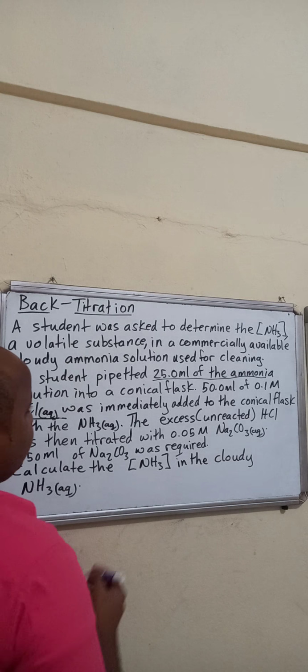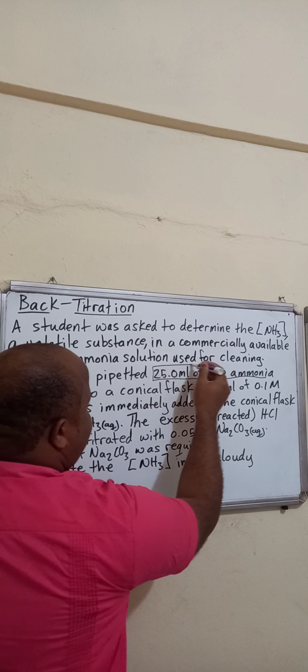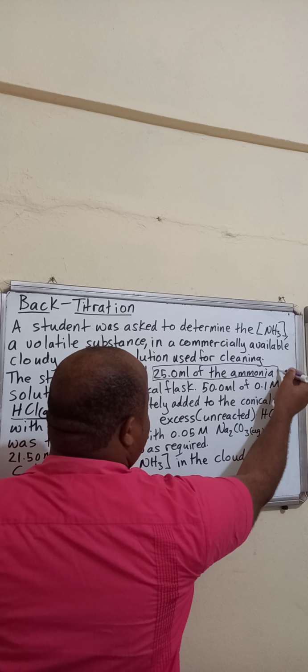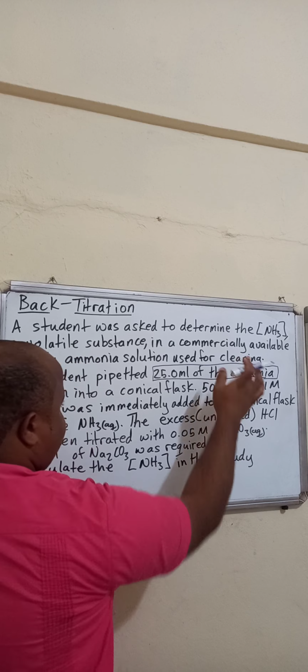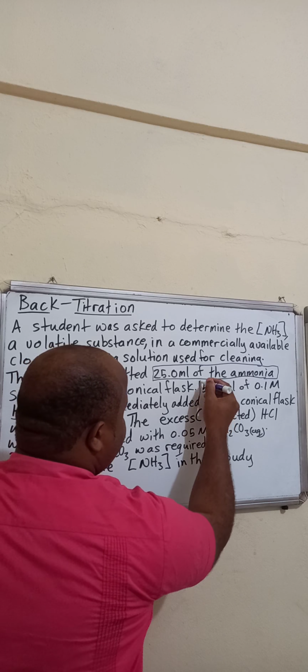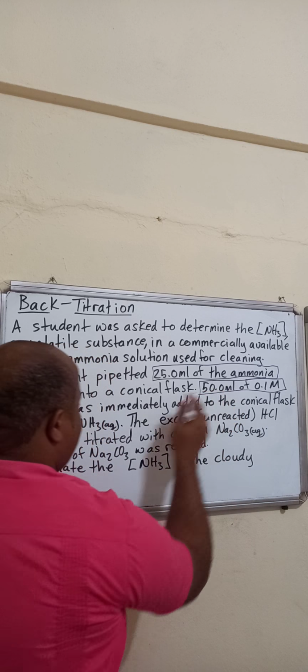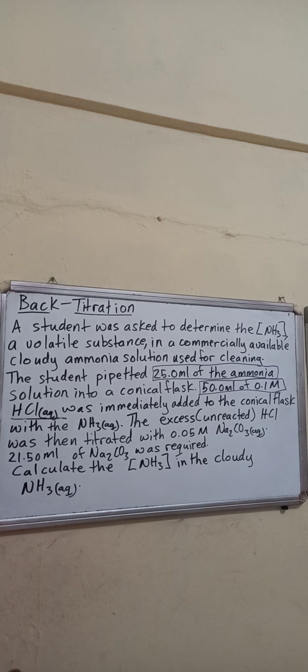So first, we know that we have 25 mL of the ammonia solution, right? In the reaction, we used 50 mL of 0.1 moles per dm³ HCl.